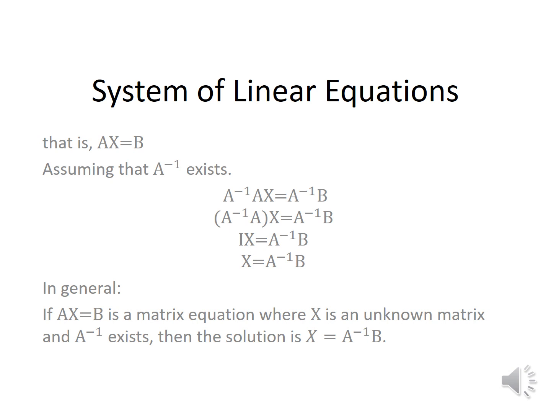After we have written the system into the matrix equation AX equal to B, in order to solve for the unknown matrix X, we can multiply both sides by the inverse matrix A. Or in other words, we move matrix A to the right side.